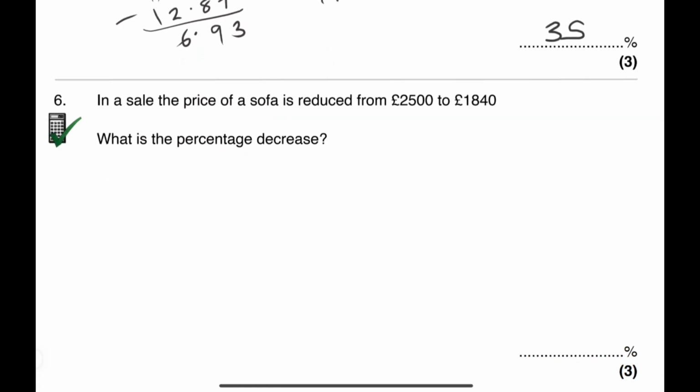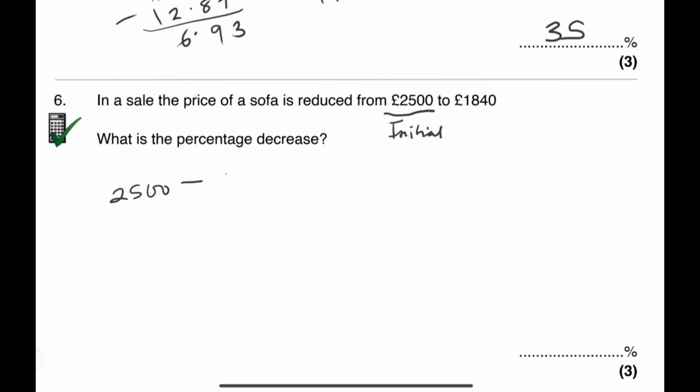In a sale, the price of a sofa is reduced from 2,500 to 1,840. What is the percentage decrease? Easy. It went from 2,500, so this is our initial. So what do we do?